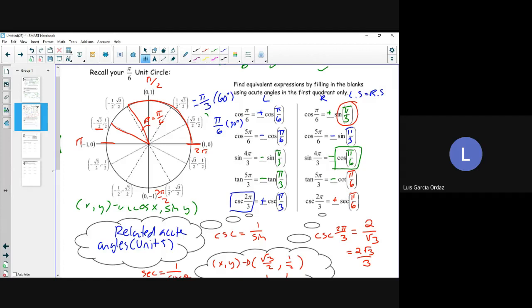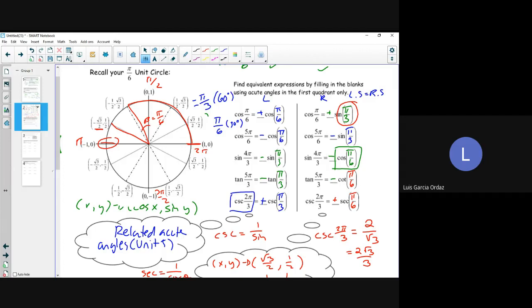Didn't you always say we have to do it for the y-axis? Yeah, but because this lands on the x-axis, the nearest one, you can say the correlated acute angle is at pi over 2, right? If it's sine. So cos of pi is equal to sine of pi over 2.